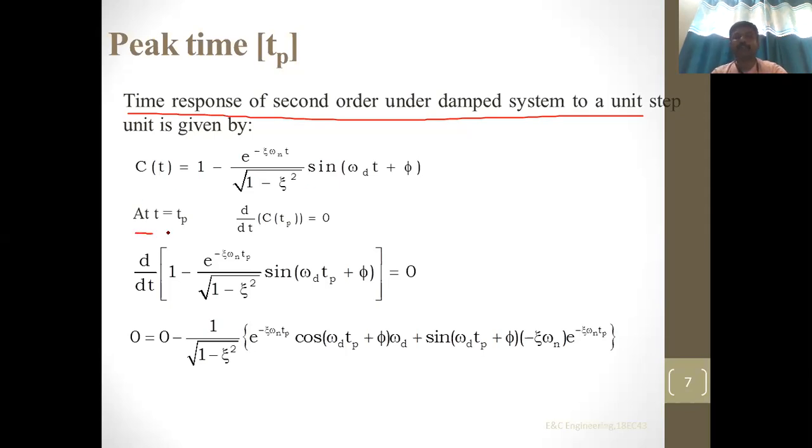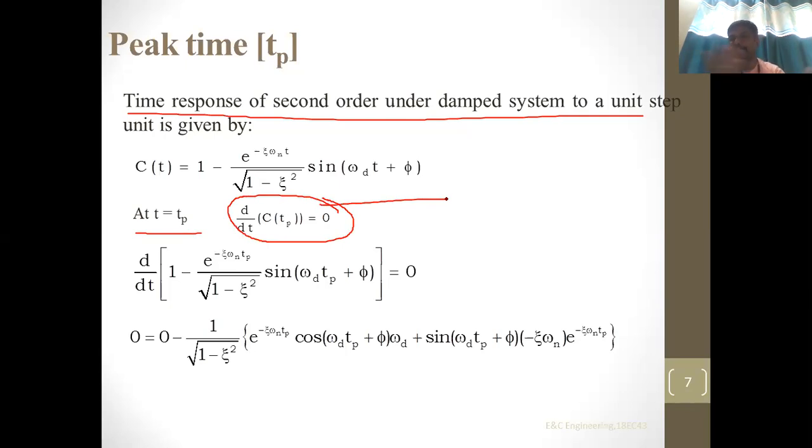Now at t is equal to tr, C of tr was equal to 1. Wherein for peak time at t is equal to tp, to get the peak value, I shall differentiate this C of tp with respect to t and equate that to 0. Why? Because to have the maxima value.